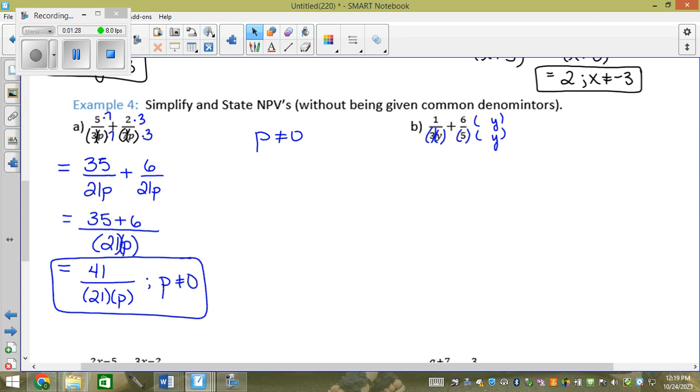Now what can I make the 3 and the 5 both be? 15. So I'm going to have to multiply this one by 3y. And this one by what? What do I multiply the left-hand side by? 5.